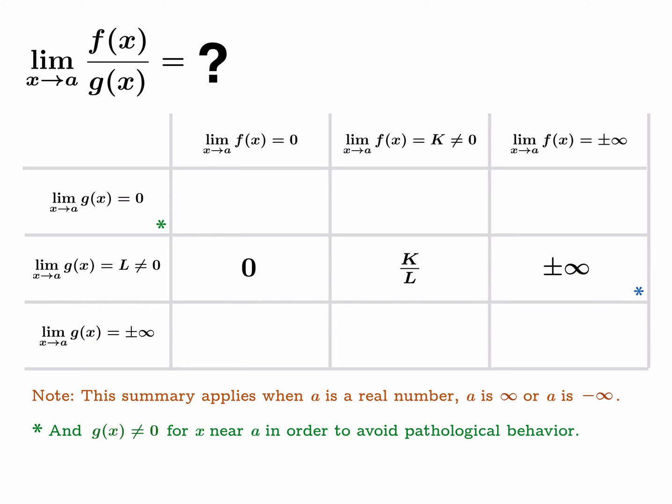And similarly, if the numerator is exploding on you, its magnitude is getting larger, that is, it's either diverging to infinity or negative infinity, dividing through by essentially a constant, which is what's happening for g near a, that's not going to change the result, really.